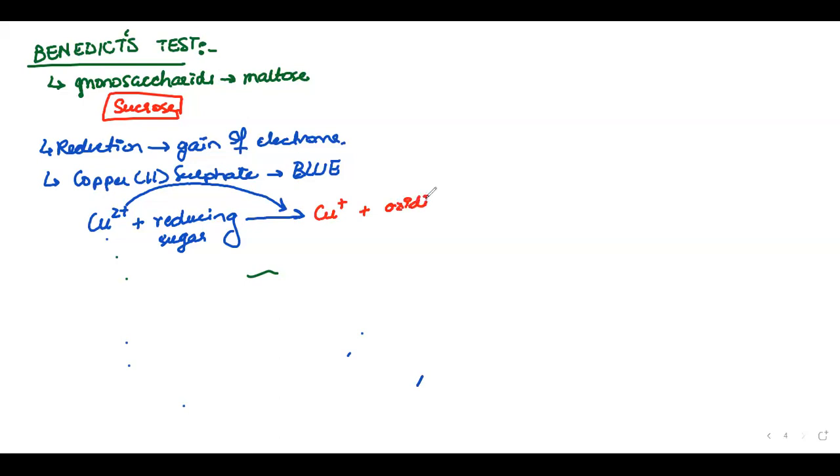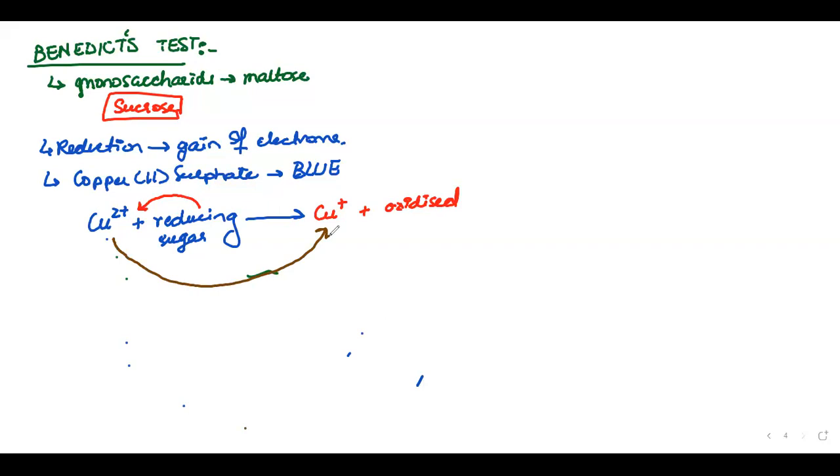The reducing agent gets oxidized because this sugar lost electrons. It gave its electrons to copper 2 plus. Copper 2 plus gained electrons, and as a result, it turned into copper plus 1. It got reduced.